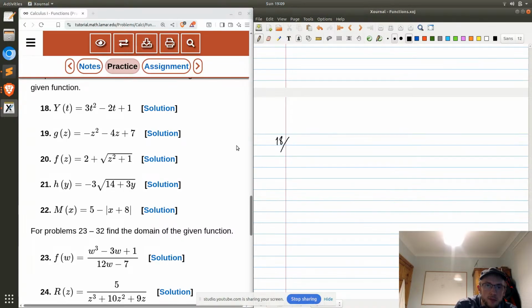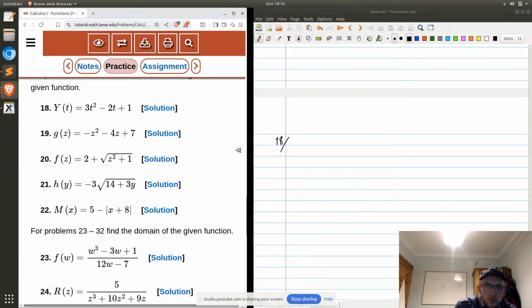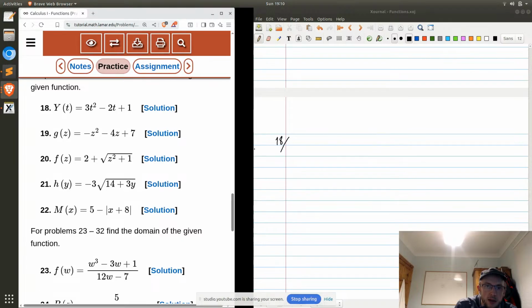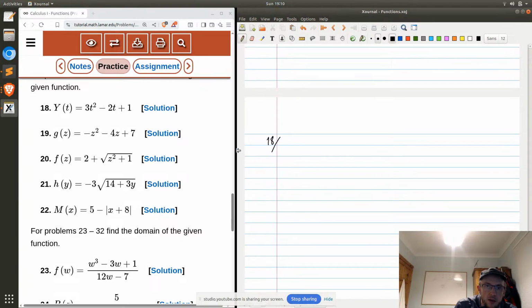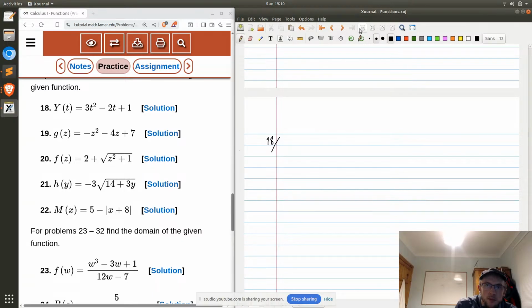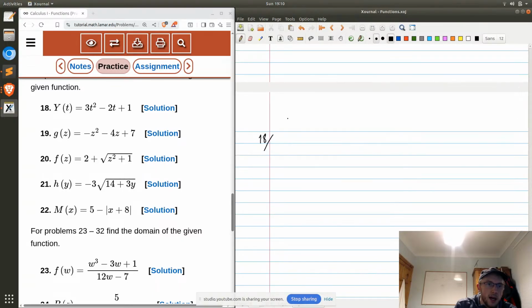All right, so just want to maximize the amount of room that I have for my notes. And let's get started. So I believe that the domain of function y here is the entire set of real numbers. As for the range, well, that's a more complicated question, isn't it?